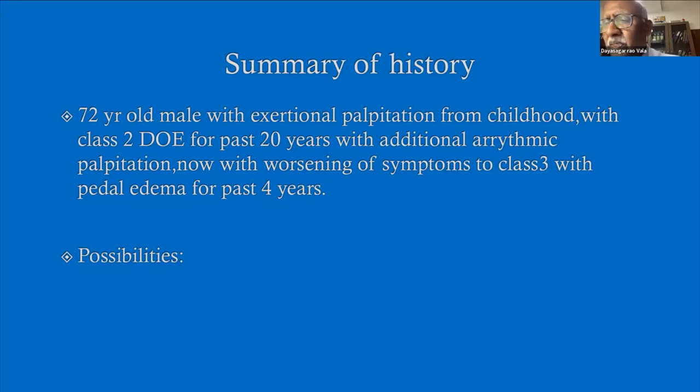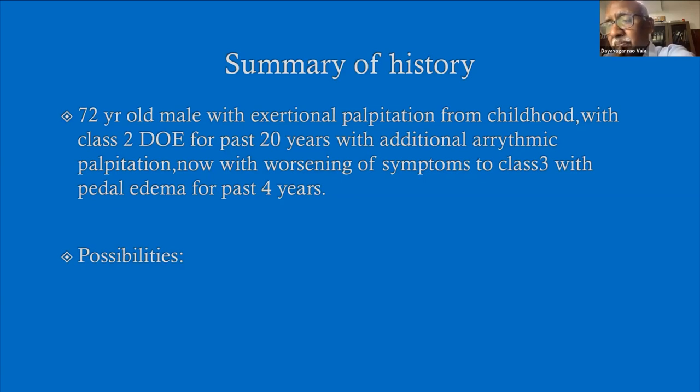So apart from congenital heart diseases, what are the other diseases that are likely to be? That will have a long course. Valvular heart diseases, mitral. Would you consider an obstructive lesion or a regurgitant lesion with such a long history?